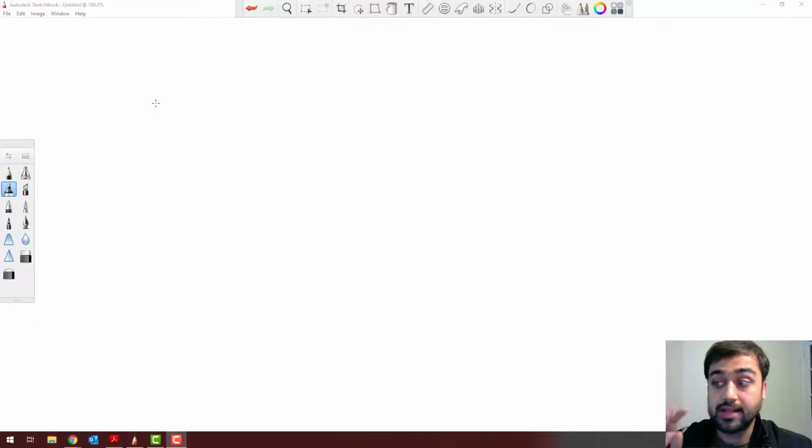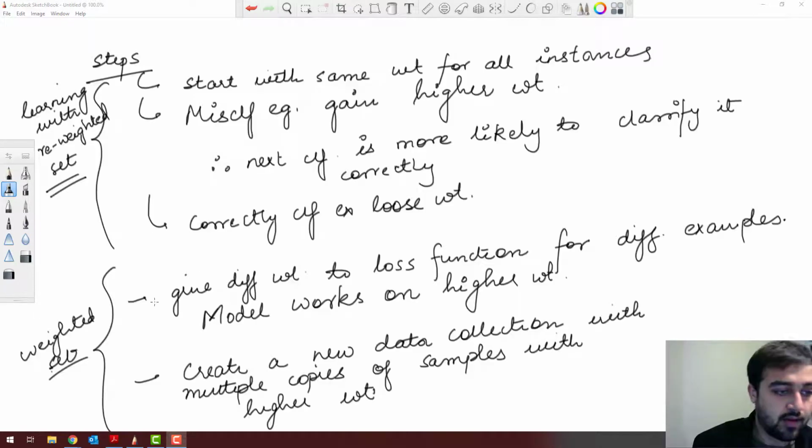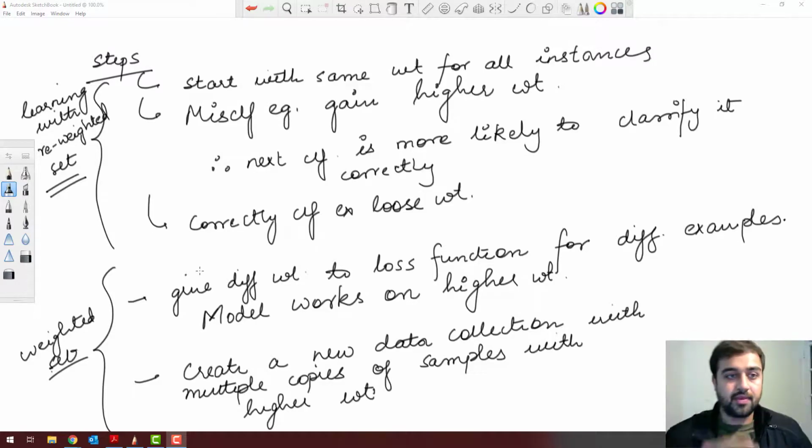Once it's correctly classified, you decrease the weight, right? So I'll write down the steps. Boosting can be done in two ways, where we learn with a reweighted training set, and one where we learn with just a weighted training set, right?